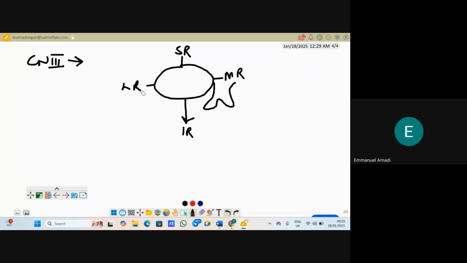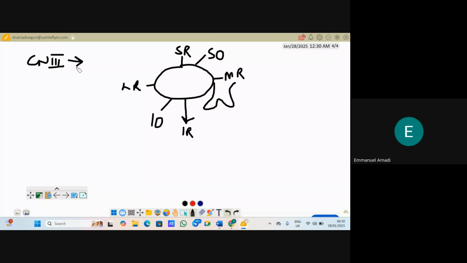In addition to this, you also have the inferior oblique and the superior oblique. Now, the important thing I want you to know is that out of these six muscles, cranial nerve 3 controls four of them.